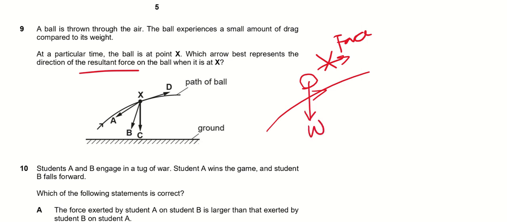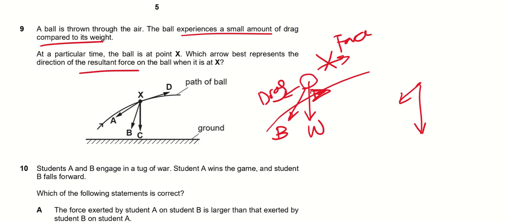And they tell us that the ball experiences a small amount of drag compared to its weight. That means if the ball is going this way, in this direction, the drag is going to be in this direction, because of the air resistance. Therefore, the resultant force is going to be B. Why? Let's do tip to tail.